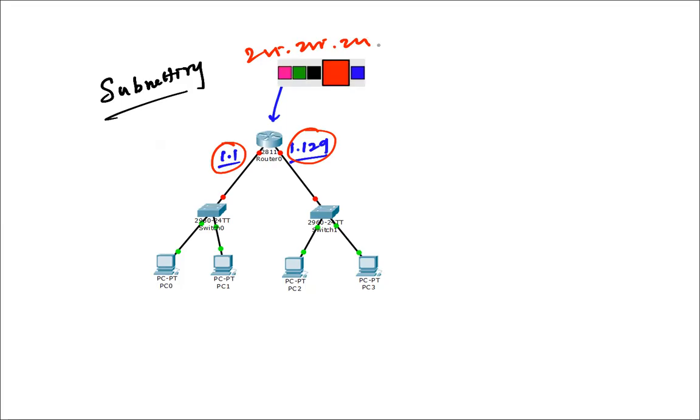But if I use 255.255.255.128, they are not in the same network: 1.1 will be in one network, 1.129 in another.